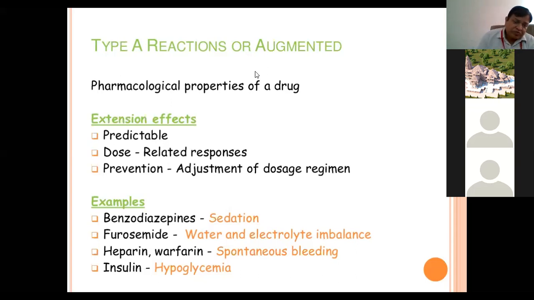Also insulin sometimes causes hypoglycemia, and that is an adverse drug reaction. And you can also include H1 antagonist drugs, that is anti-allergic drugs, which also cause sedation, a very common side effect or adverse reaction.